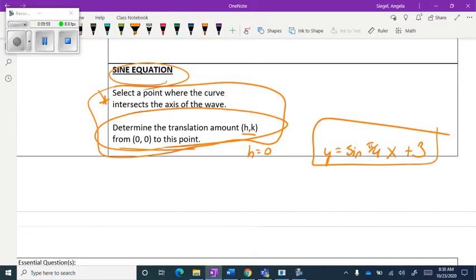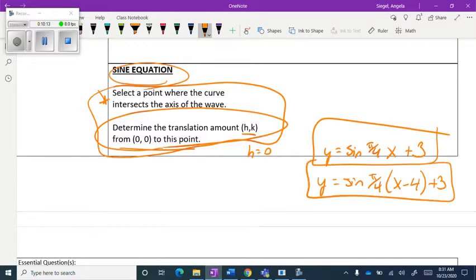So I could also say sine of pi over 4, and then x, remember it's always opposite, minus 4, plus 3. So this would be another example of an equation. We could just keep going on and on forever.